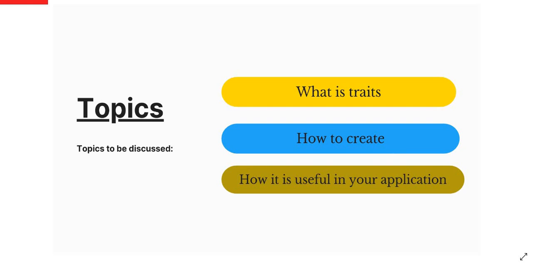Traits are nothing but a reusable collection of methods and functions that we can use inside our controller, a kind of helper in which you can place code and reuse it in different places instead of writing it again and again.